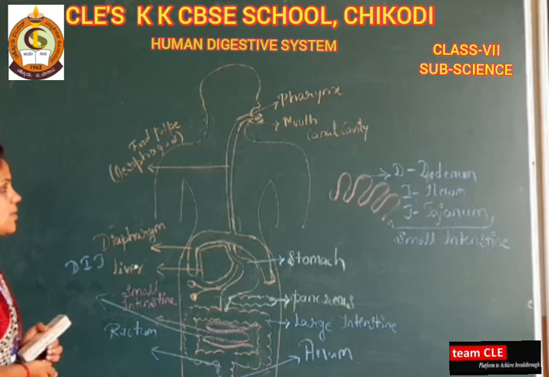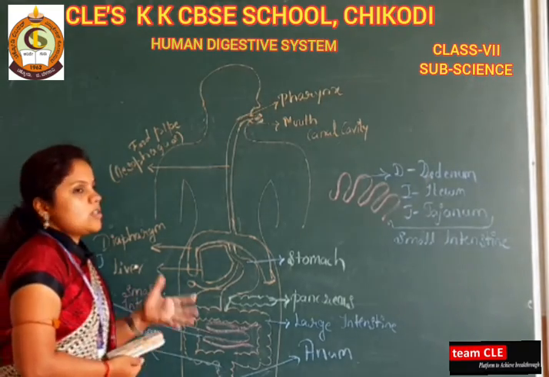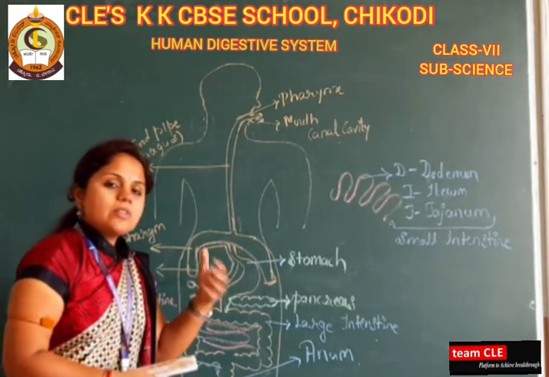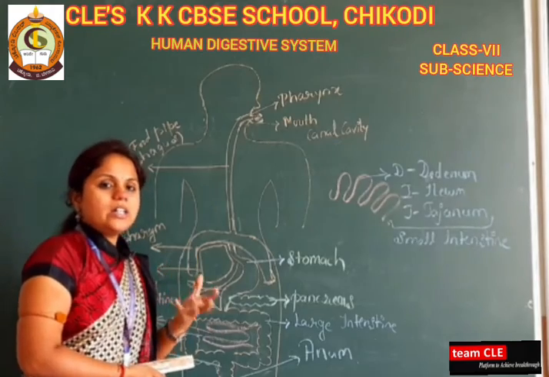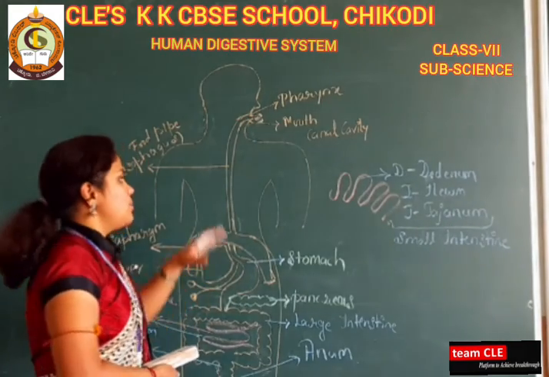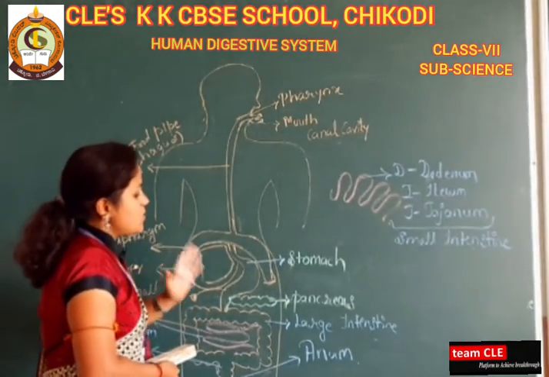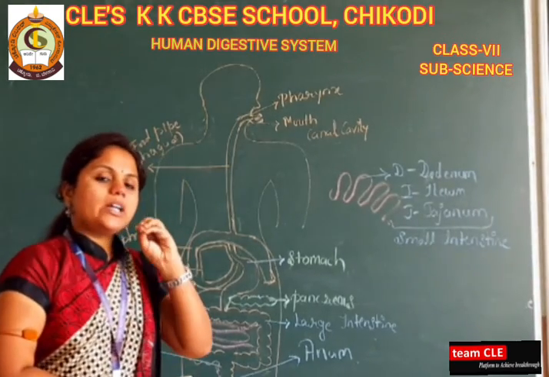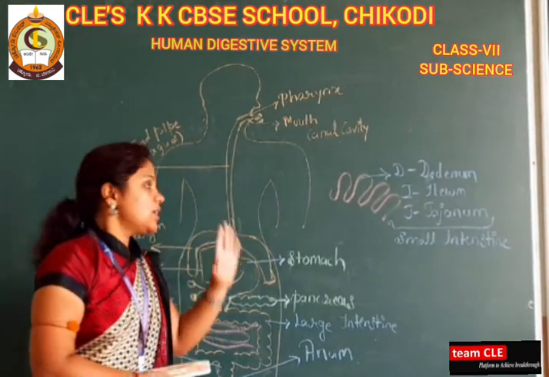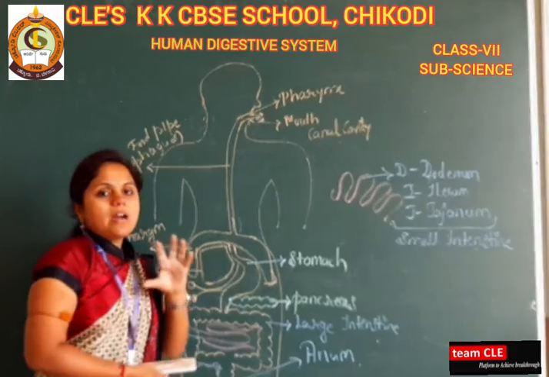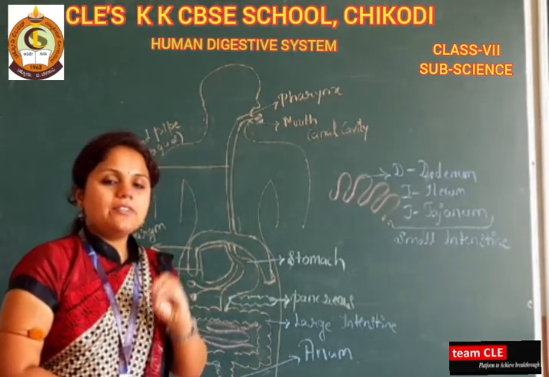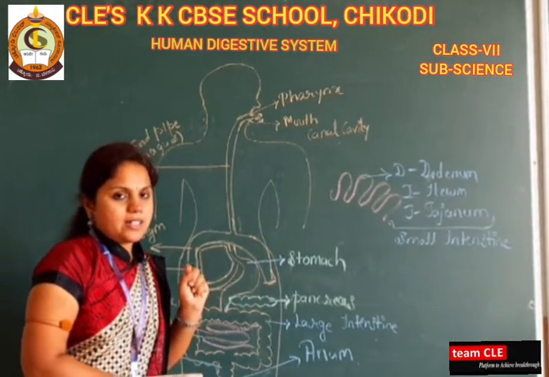So this is a very simple structure of the digestive system. Some other parts are also there to learn, but if you draw this much in the examination with a neat diagram and proper identification with the names of the parts, you will get 5 marks.